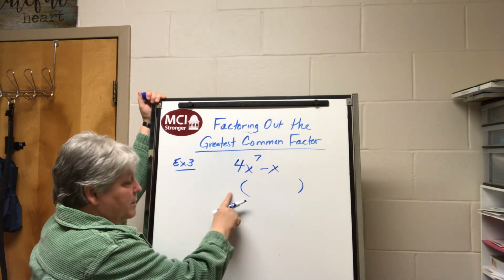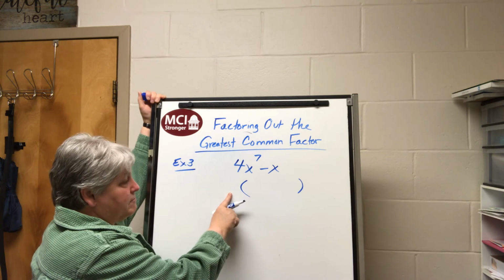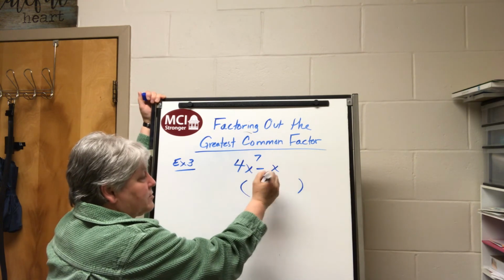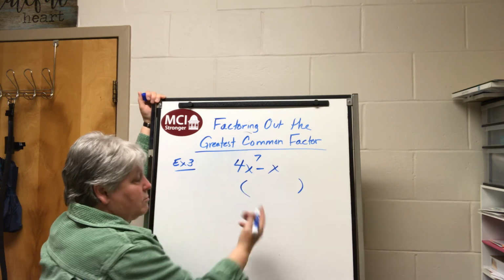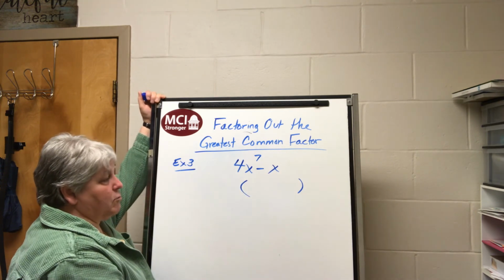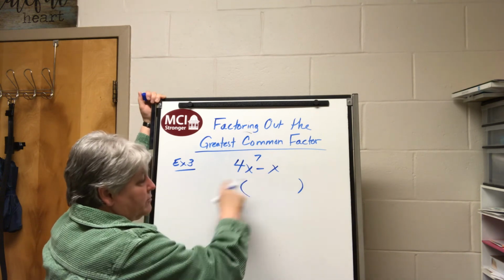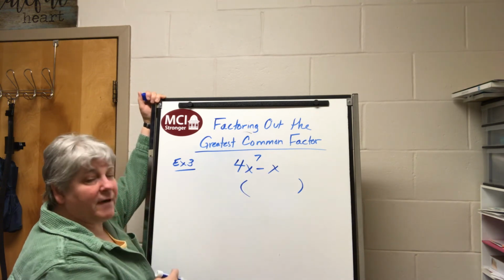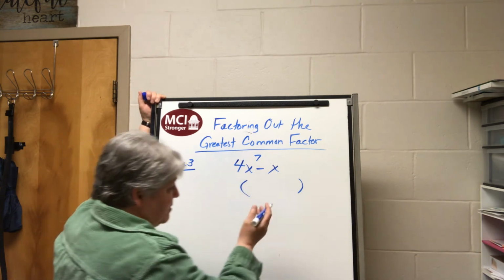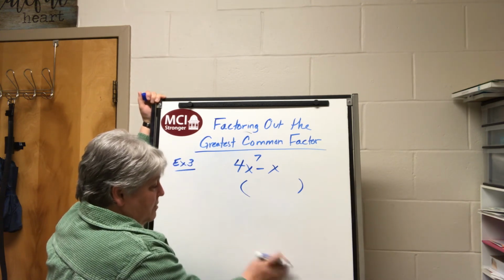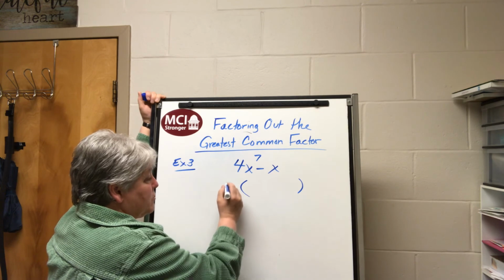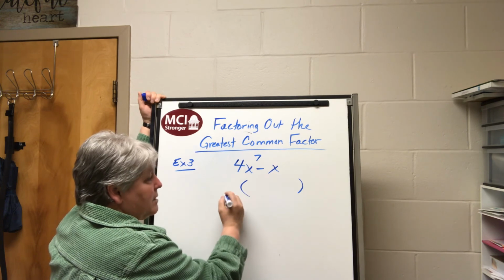Do you think there could have been a number out in front? Well, keep in mind that this right here is like a -1. So basically, there's no number that's common to both terms other than 1. We don't factor out a 1 because factoring out a 1 could happen on every problem, and it doesn't really affect us here. So there's no number that's going to be out here.